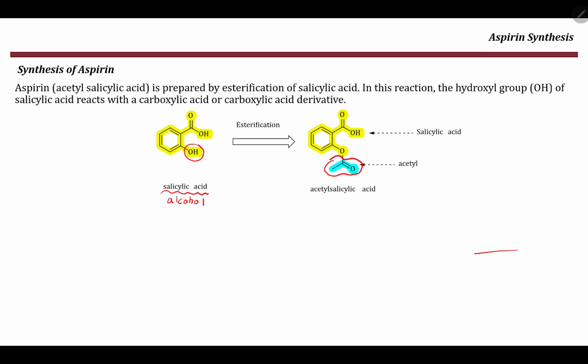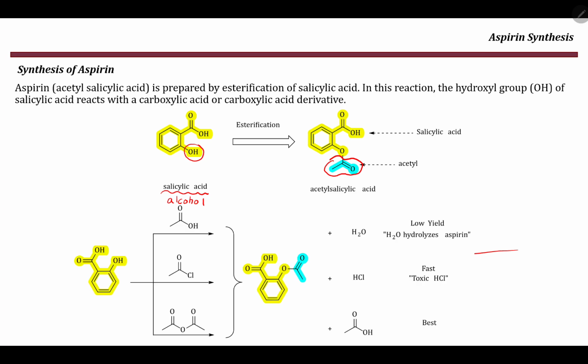Now it's known that to make esters, we can make them either from carboxylic acids or carboxylic acid derivatives which are above them in the reactivity series. And based on this, we can prepare acetyl salicylic acid either by reacting salicylic acid with acetic acid or acetyl chloride or acetic anhydride.